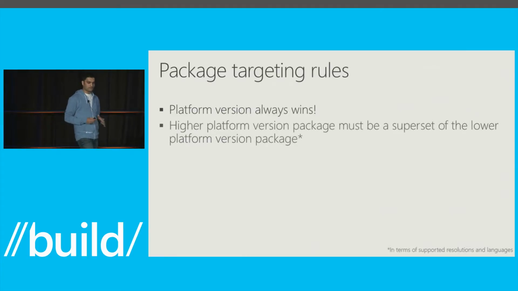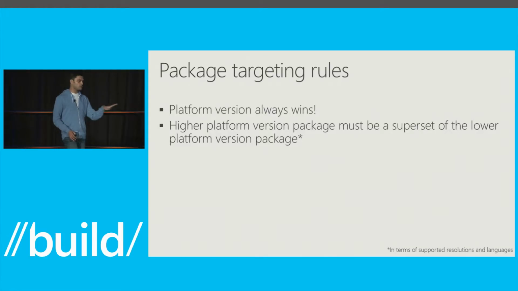One of the things you have to make sure you're doing, if you do this multiple package thing, is that your higher platform version package must be a superset of your lower platform version package in terms of the resolutions and the languages that you support. I'll take an example here. If your 8.0 app is localized in English and German, and that's all you have, your Windows Phone 8 and 8.1 users are going to get the same package.